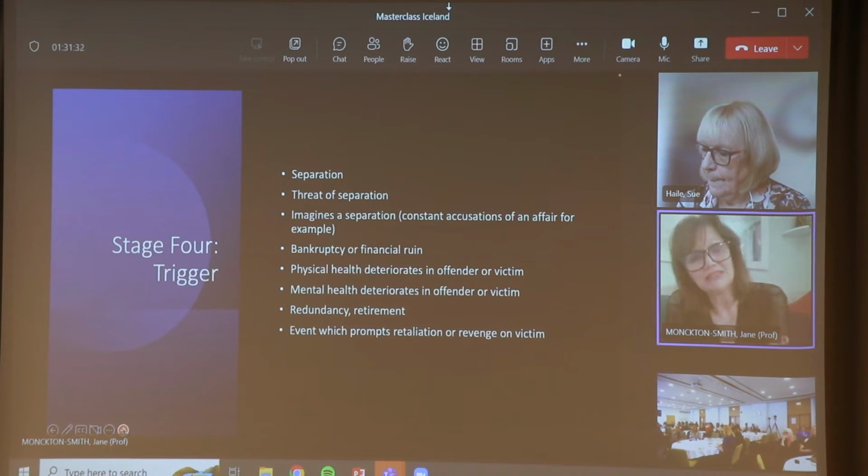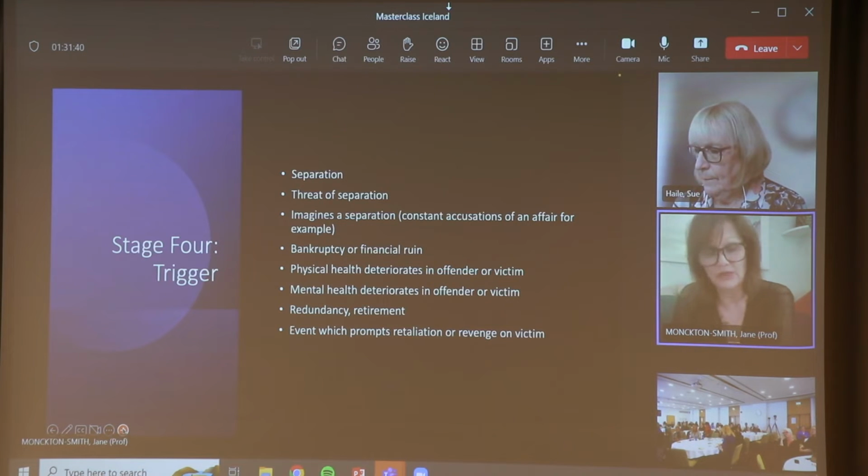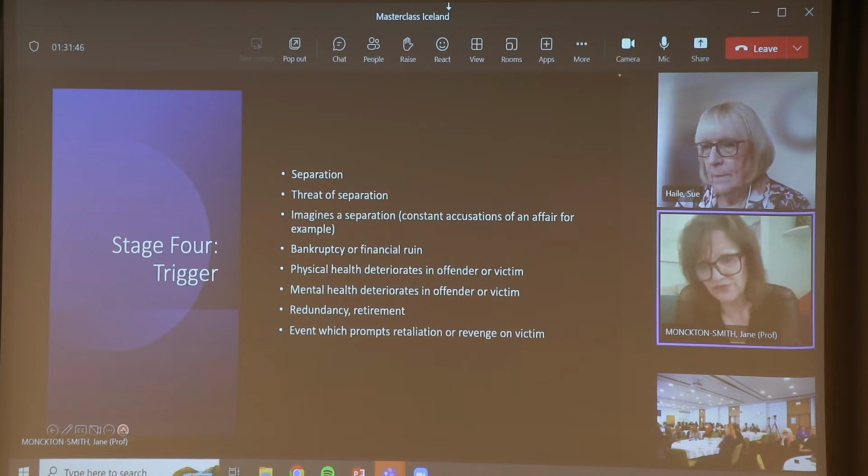So, I mean, different statistics come out in different countries, but the global homicide report, which looks at this situation across the globe, says that over 80% of victims will be female with a male perpetrator, and that 90% of homicide offenders will be male.